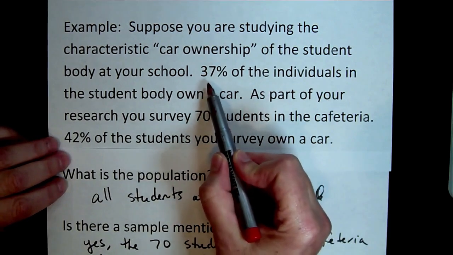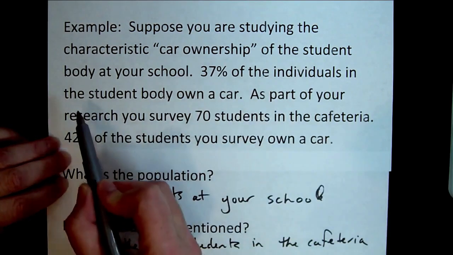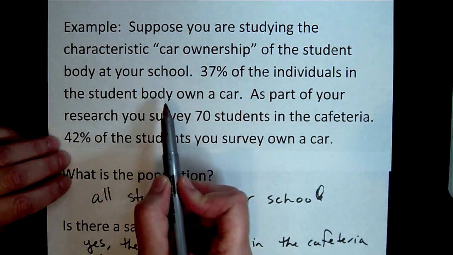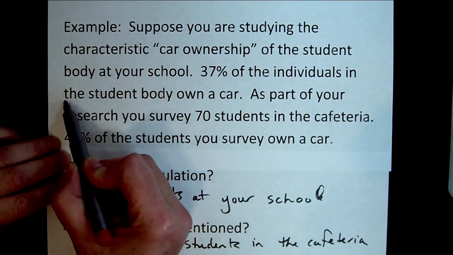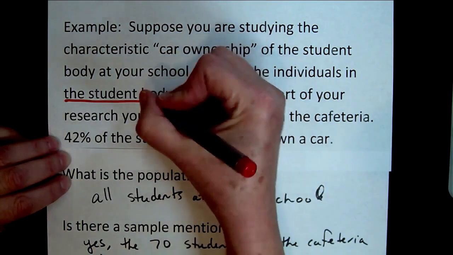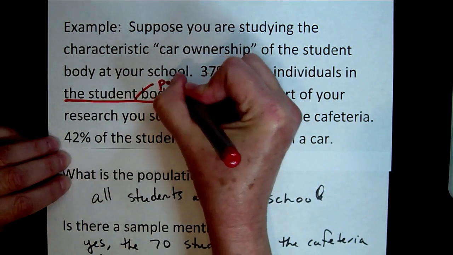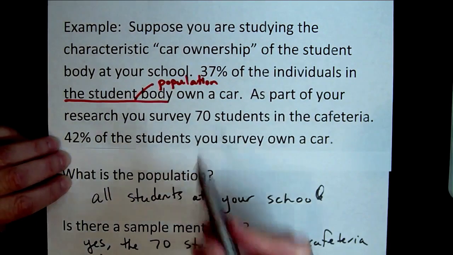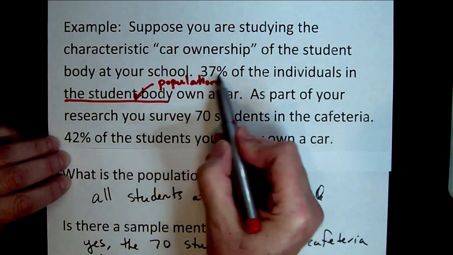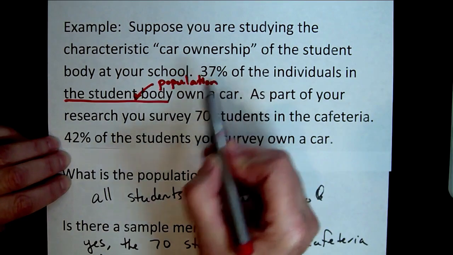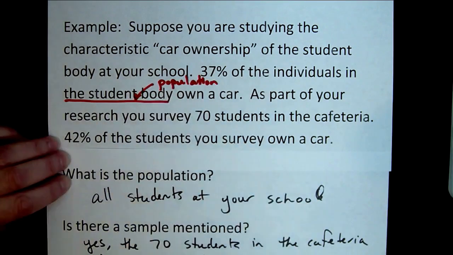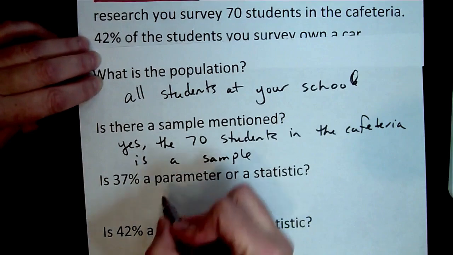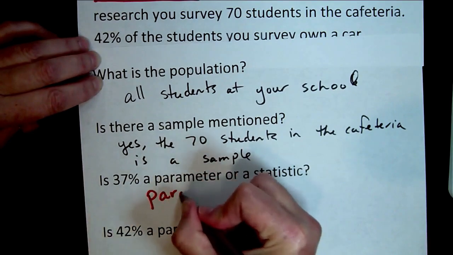Here it is. 37% of the individuals in the student body. Notice the student body is the population. Okay, we said the student body was the population. And the 37% is describing a characteristic of that population. So the 37% is a parameter.